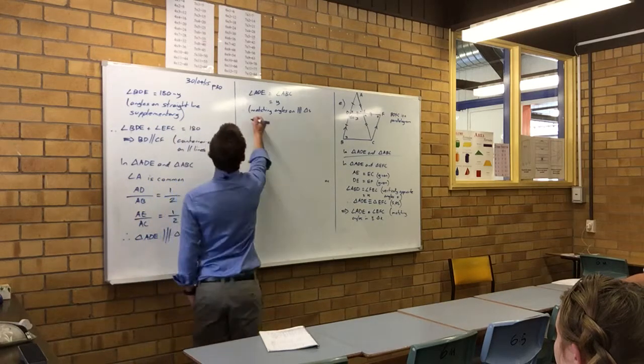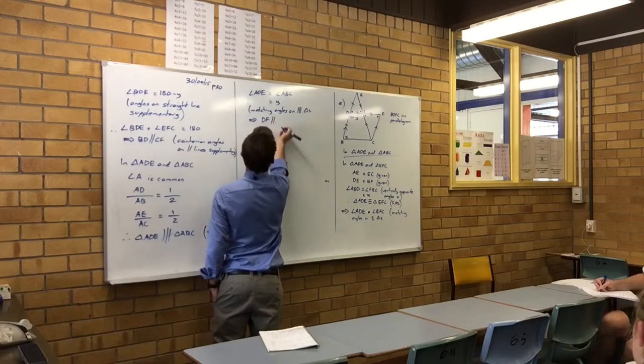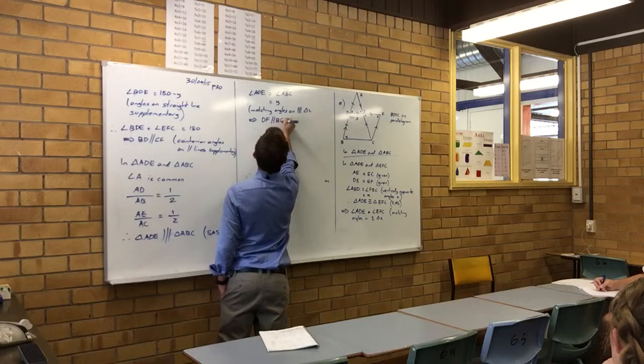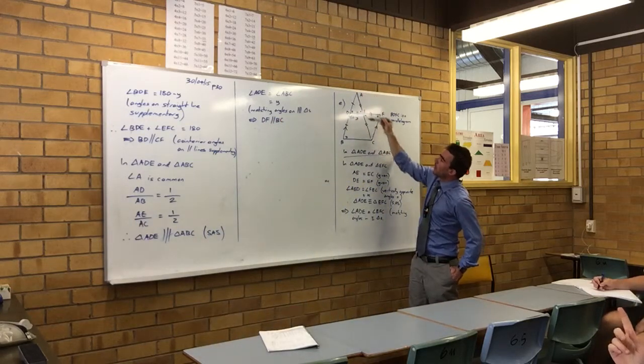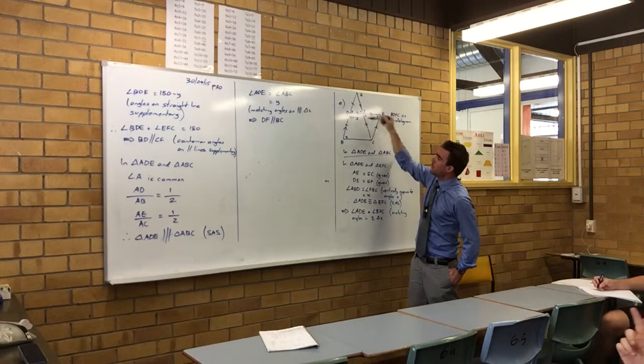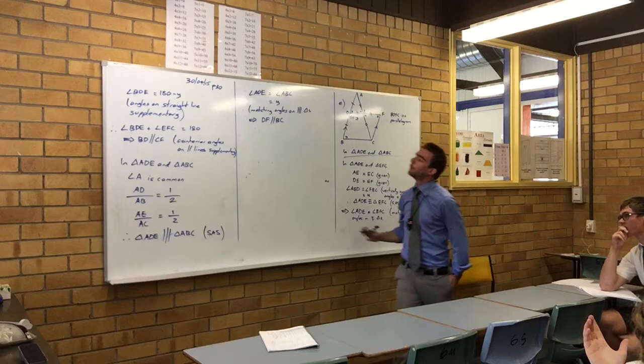Okay, which then implies that my DF must be parallel to BC because you've got the upside down F, and underneath the arms are equal, so they'll be corresponding.